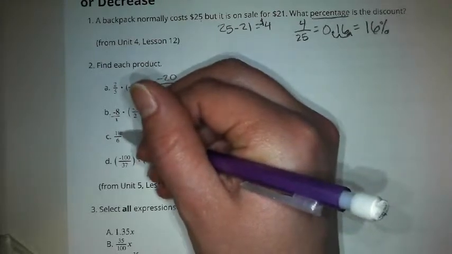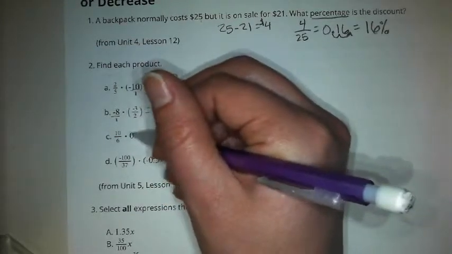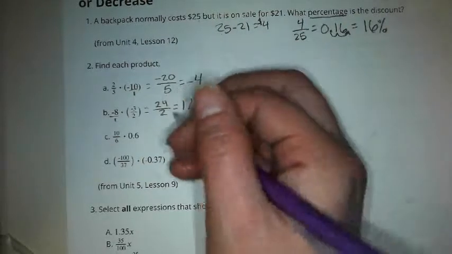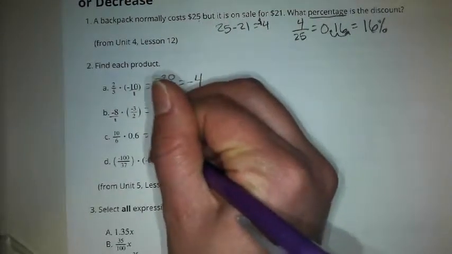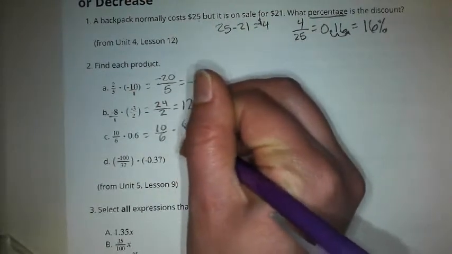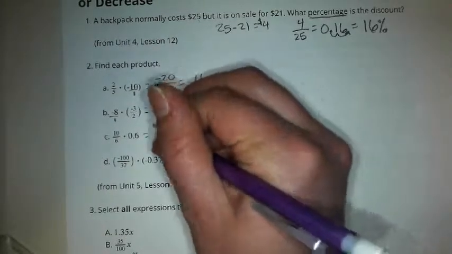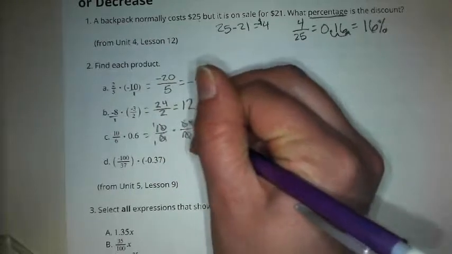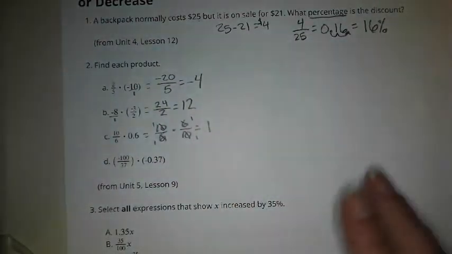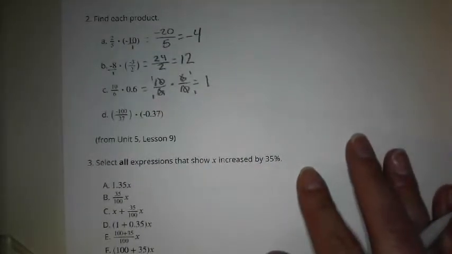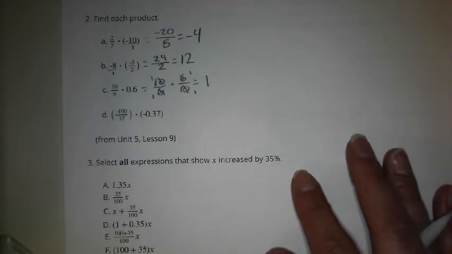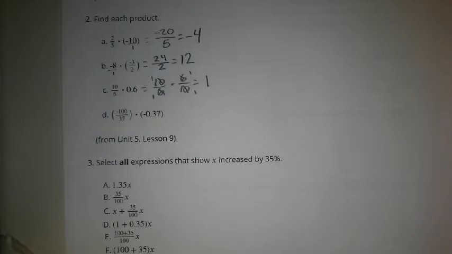Okay, this one we have 10/6 times 6/10. So I'm actually going to rewrite this. I have 10/6 times 6/10. Well, if I cross simplify, those are both 1, those are both 1, so this answer is equal to 1. D, I have negative 100 over 37 times negative 0.37 or 37 hundredths.